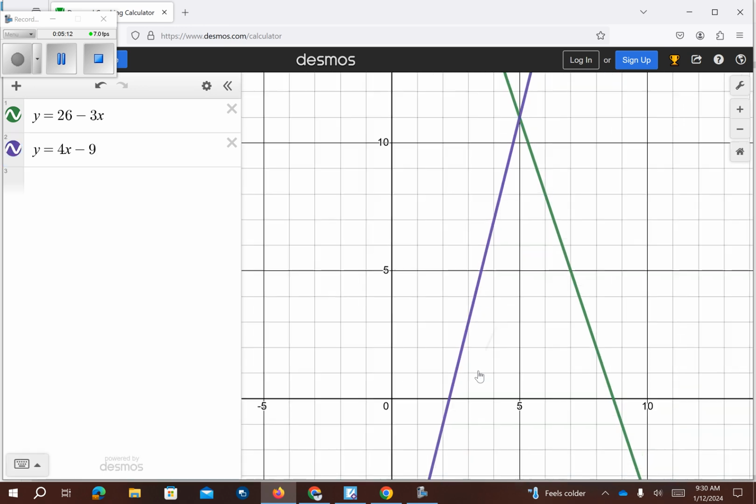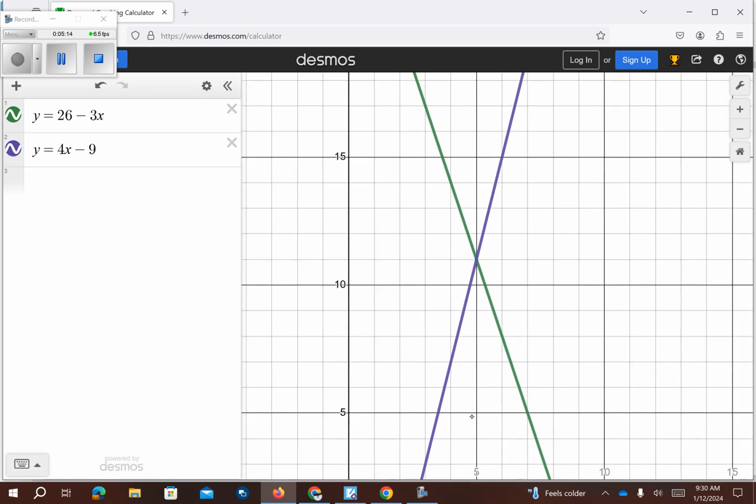All right, so you need to just kind of scroll to it, and I'm looking for the intersection. So my answer to that is just 5. Or actually, we're going to use both answers. We're going to use the x and the y because we had x and y there. So that's going to give me 5, 11. That's the intersection of the two.